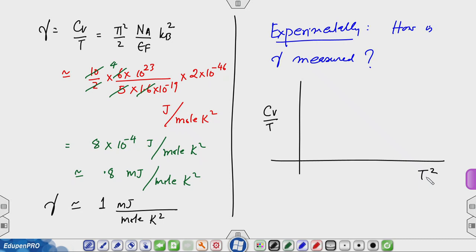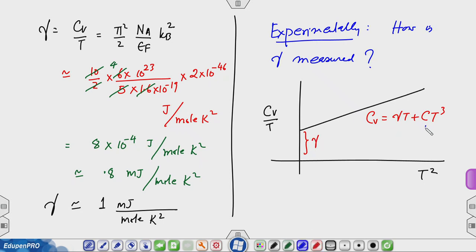This is the graph you are going to see in all books, and you get a straight line. What this tells you is that Cv goes as gamma T plus some other constant times T cubed, and this intercept is gamma.